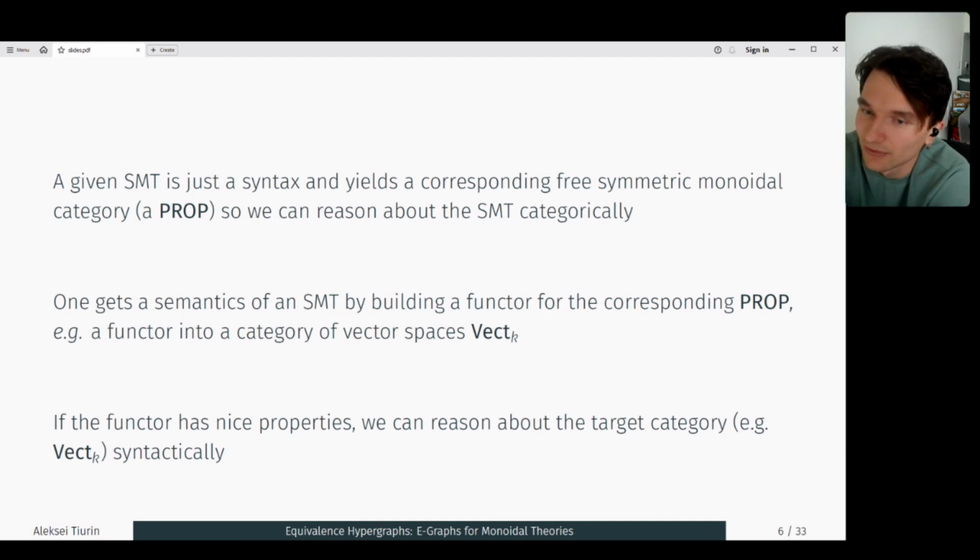We can provide the semantics for a syntax by building a functor from this prop into some more interesting category, for example, into a category of vector spaces, which is the case for quantum computing. Typically, that is the target category. And if this functor has some nice properties, we can reason syntactically about some semantic things.